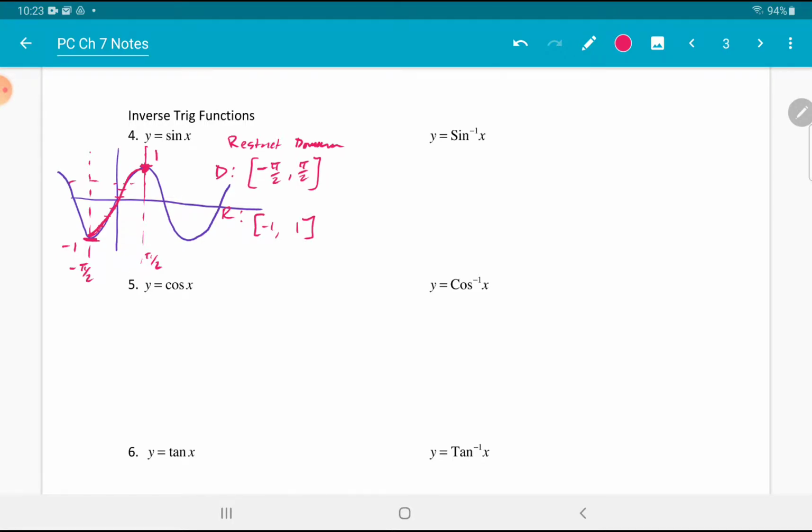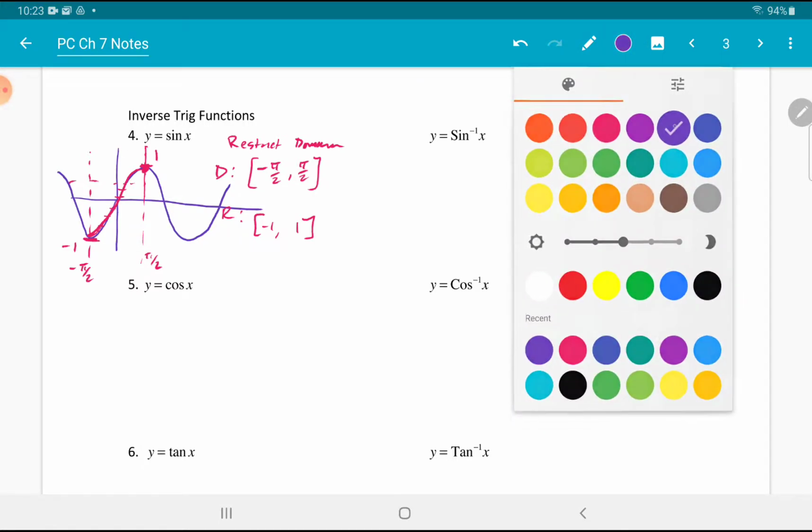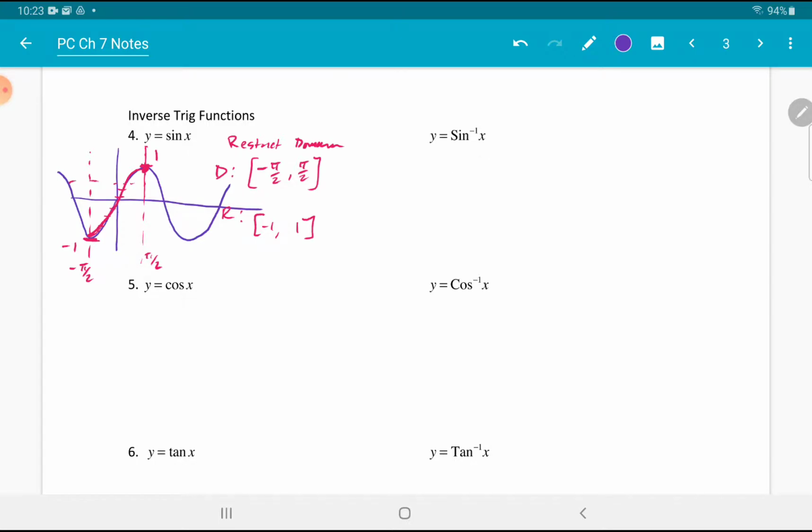Now in doing so, what we're also going to do is think about the graph of inverse sine. So as we develop a coordinate plane, actually let me draw it over here. As we draw the coordinate plane, remember that whatever used to be x now becomes y, and whatever was y now becomes x. So what used to have the x values at pi over 2 and negative pi over 2 now become the y values.